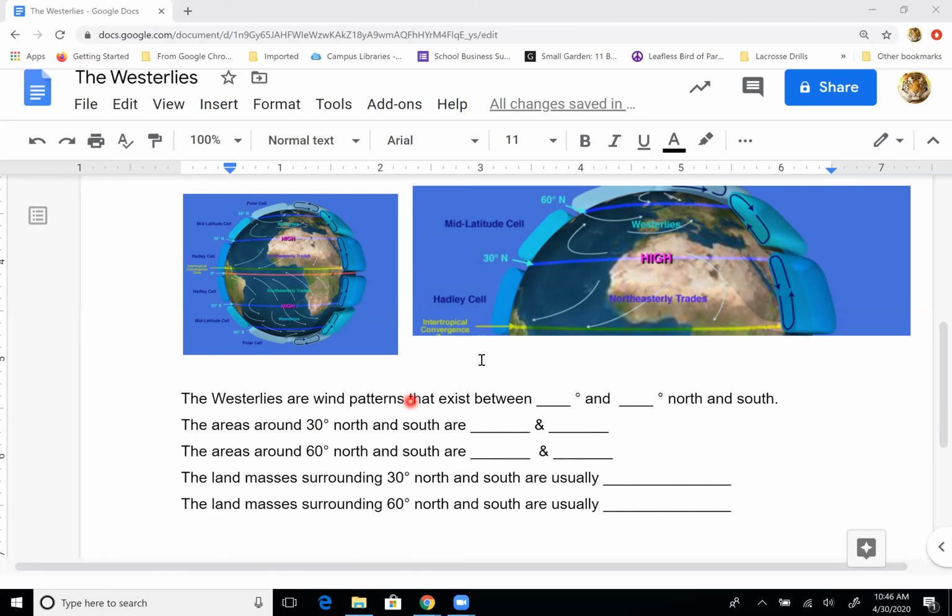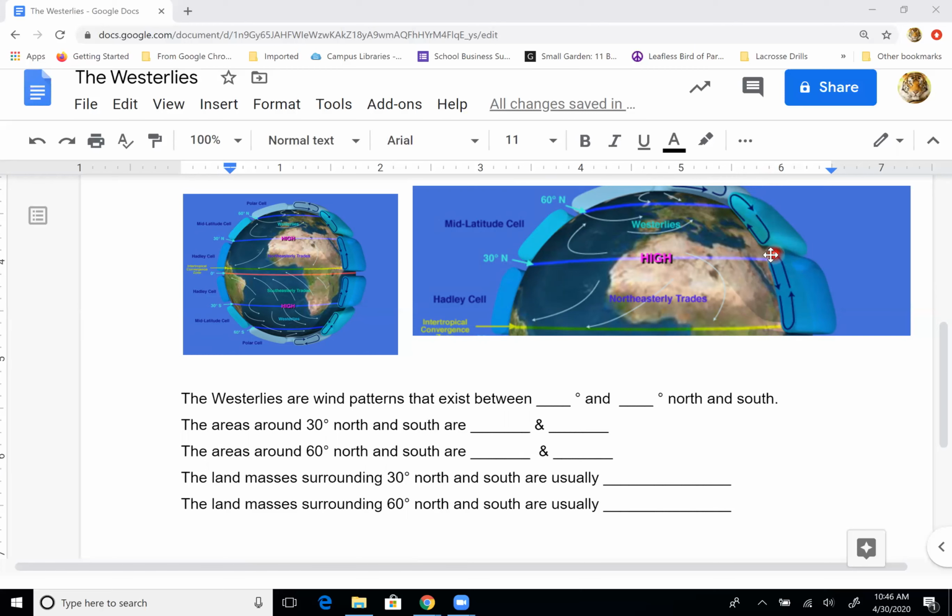So the westerlies are wind patterns that exist between 30 degrees and 60 degrees, north and south. We talked about the rainforest up around 60 degrees. What's happening at 30 degrees? Around 30 degrees, the cell down here sweeps down and up around the equator, and the cell in this latitude range does the same thing, sweeping away and lifting.